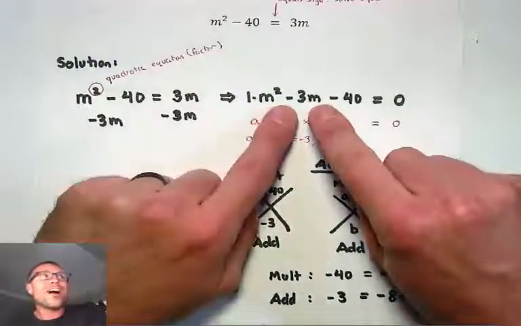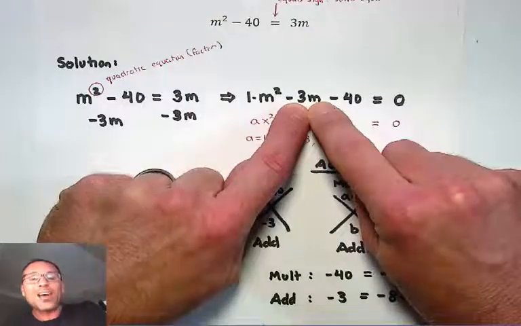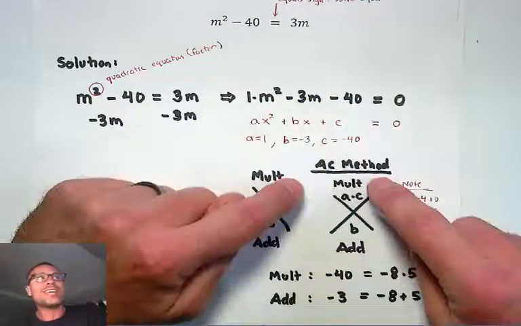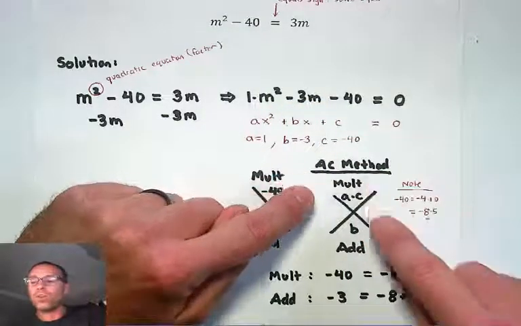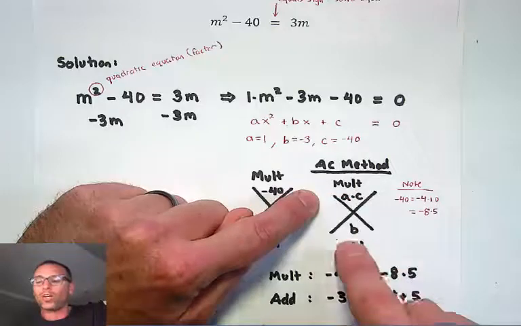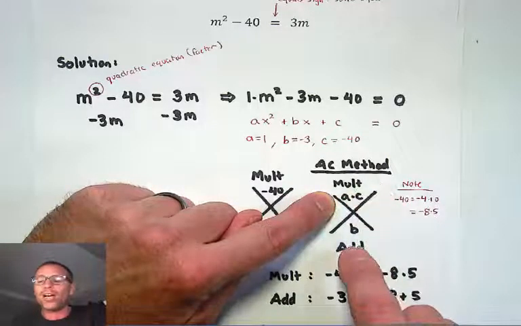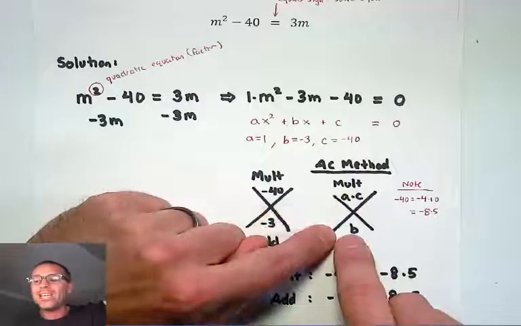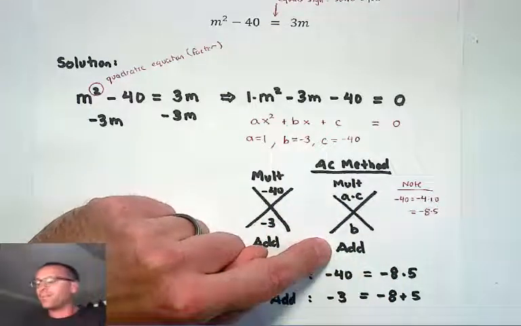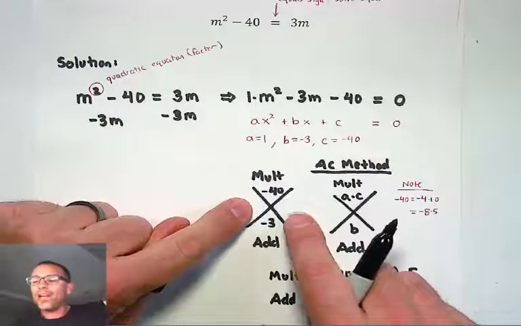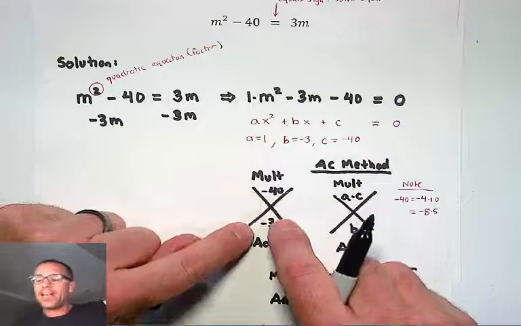In order to split up this term, in other words, undo combining like terms, we're going to use the AC method. Remember, in the AC method, we're going to draw a little x for ourselves. We put a times c in the top, write the word multiply right above that. We put b in the bottom, we write the word add. And then we're looking for two numbers that multiply to negative 40 and add to negative 3.